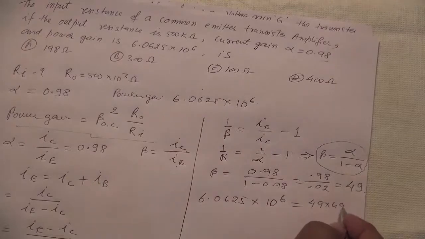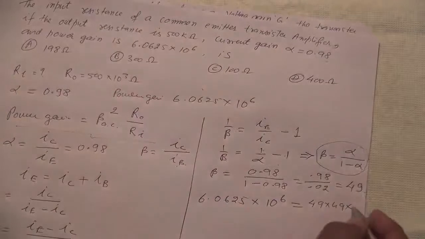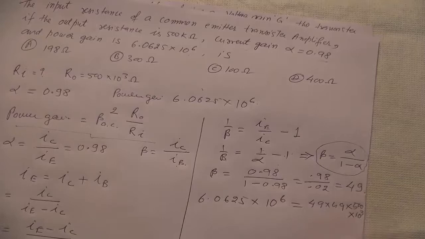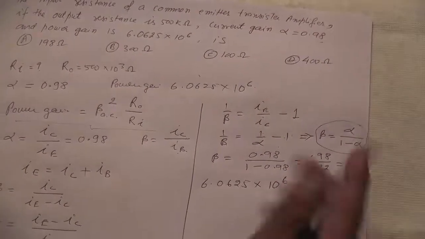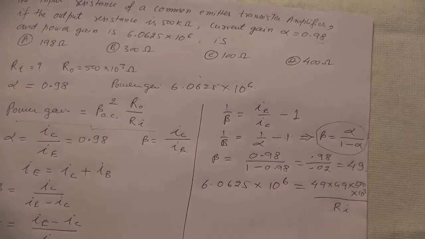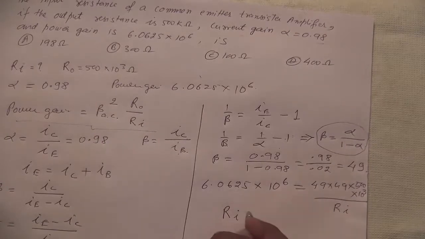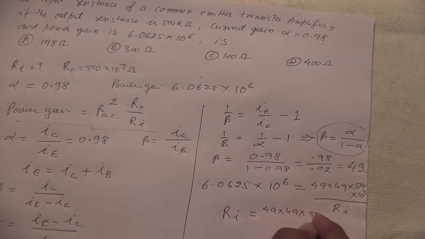R output हमको दिया गया है, R output 500 किलो ओम, तो ये हमने लिख दिया 500 into 10 to the power 3, और इसके बाद डिवाइडेड बाय RI। अब इसमें आप देखिए एक ही अननोन है RI, तो RI इज इक्वल टू 49 into 49 into 500 into 10 to the power 3.